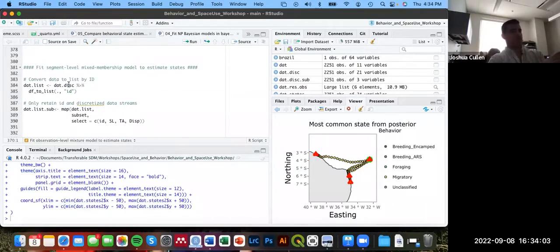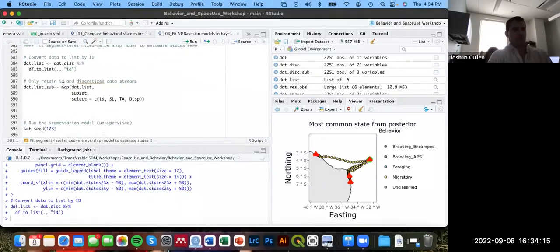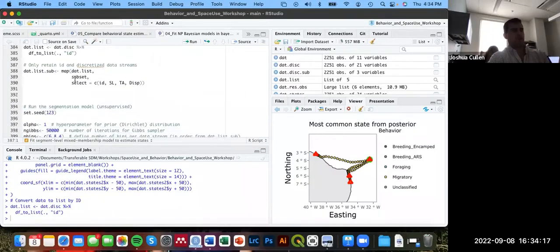So we can still keep our discretized data sets, but now I'm going to use this df_to_list function to break this up into a list by ID, which I'm going to call dat.list. And from this, I'm only going to keep the columns labeled SL, so step length, turning angle, and displacements that are discretized, as well as, in this case, the ID column.